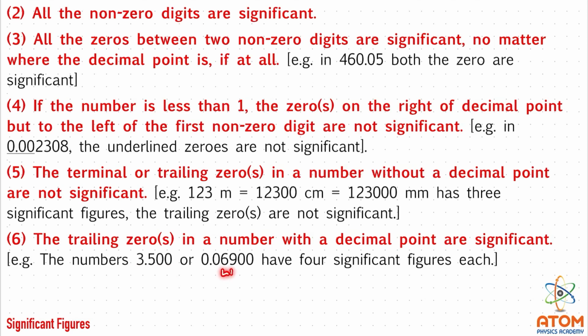Here also these 4 digits are significant. These leading zeros are not considered significant, but this 6, 9 and these last trailing zeros are significant because this number has a decimal point, you can see. This number also has a decimal point. That's why the trailing zeros are considered significant.